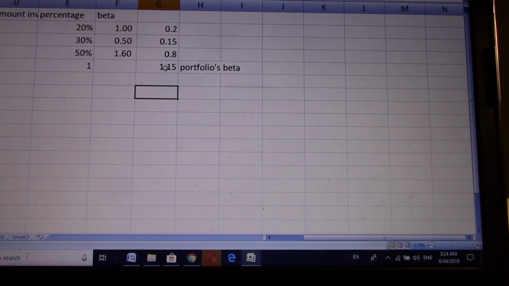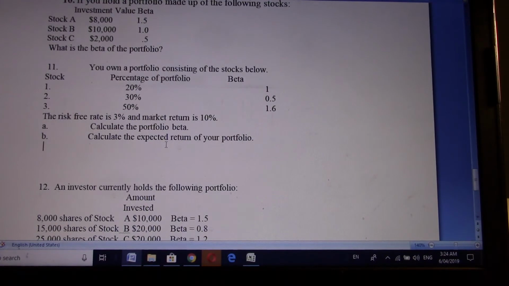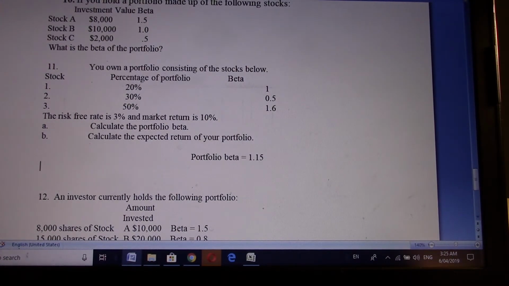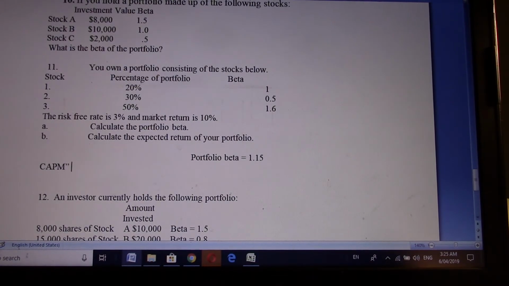And then now after you know the portfolio's beta, because the second question is asking you the portfolio's return, you can use the CAPM. So portfolio beta is 1.15, we just got it, and then you can use the CAPM model to get the return of the portfolio.